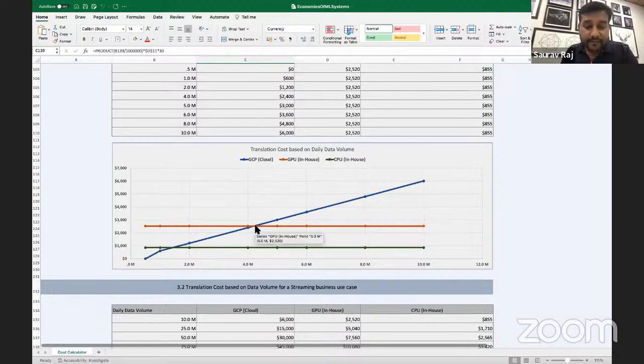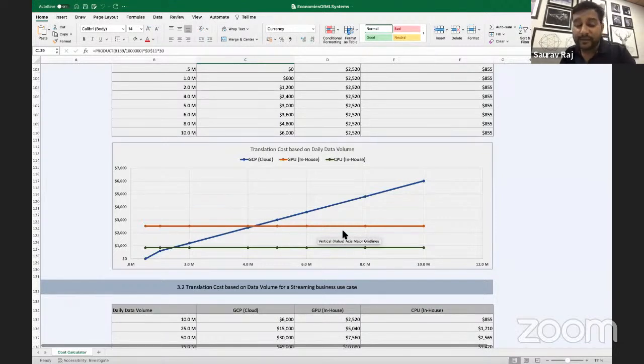The point is that this break-even point can shift. Right now, for our model, it is coming at 4 million characters per day. If you include more and more such factors which impact the cost, for example, we haven't incorporated high availability or scalability of the GPU instances, all of that. To keep this discussion simple, we have only considered one GPU server that is running in-house.